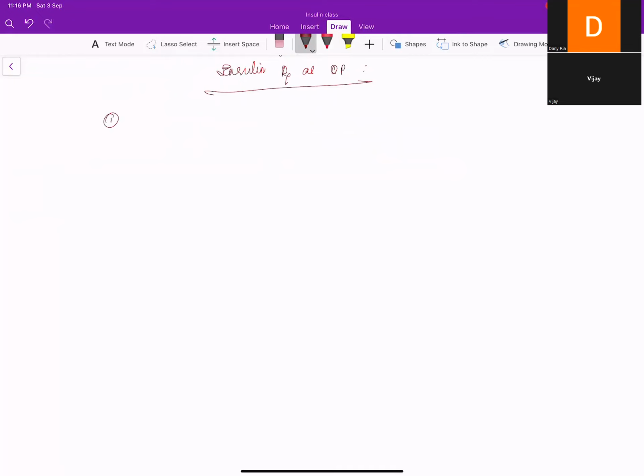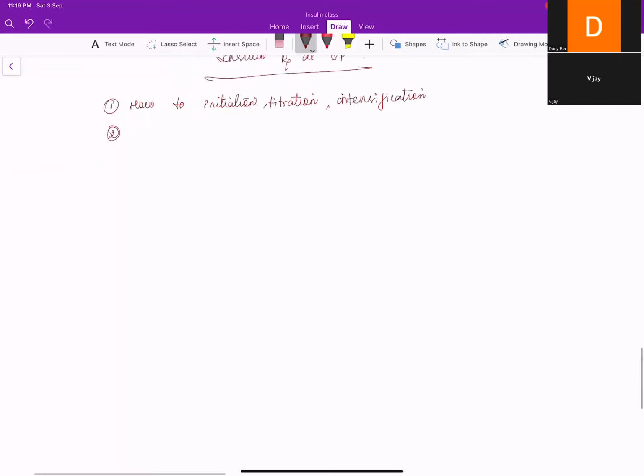First thing we'll be discussing is how to initiate and titrate. There are 3 terms: initiation, titration, intensification. These are 3 terms which you should understand. Then management of single value hyperglycemia.